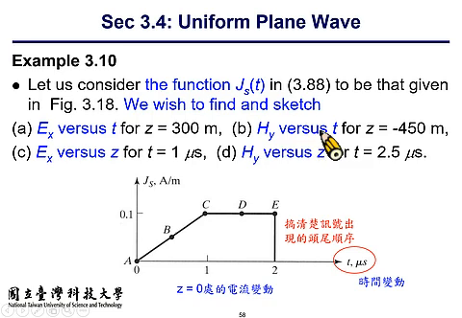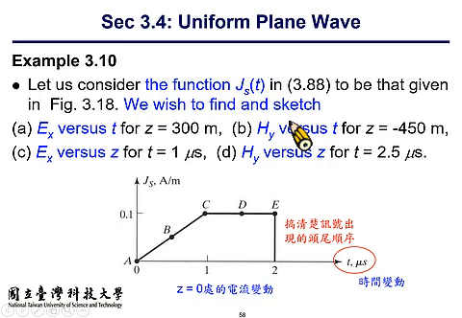Then Hy versus t, the time domain variation of the magnetic field intensity at z equals minus 450 meters. So questions A and B ask you to draw the time variation at different positions of the electric and magnetic field.